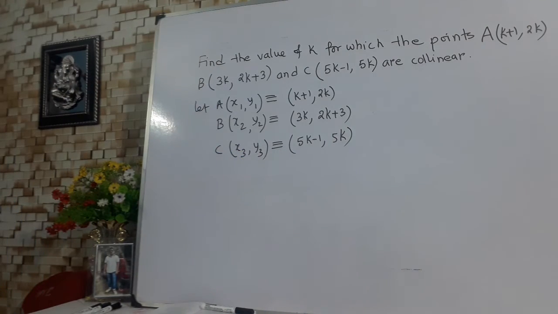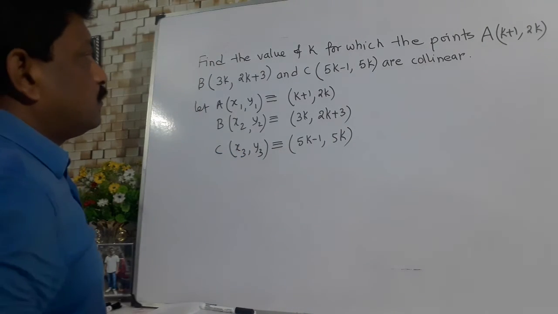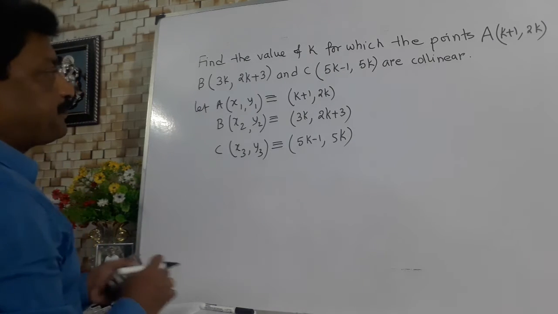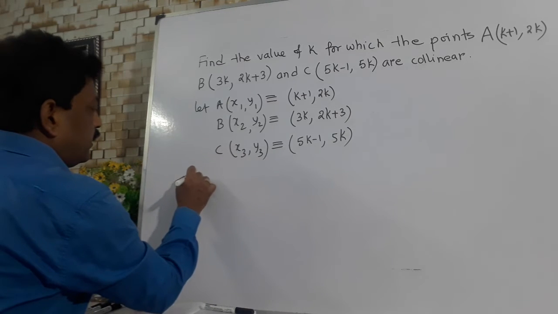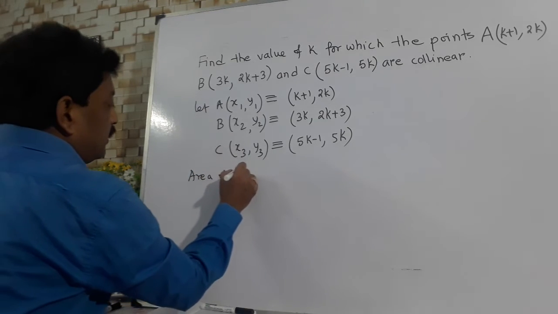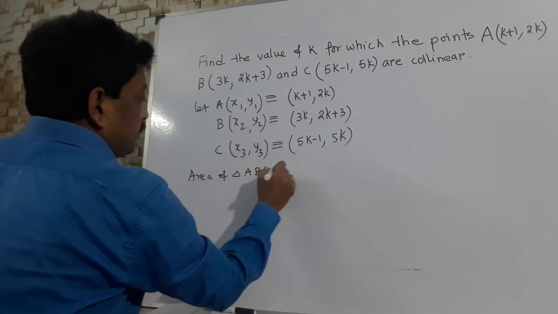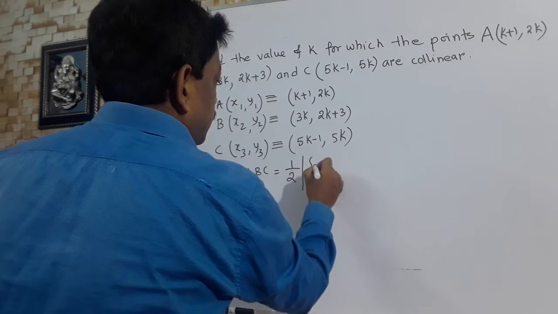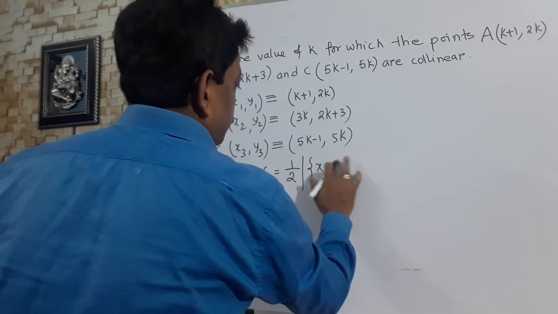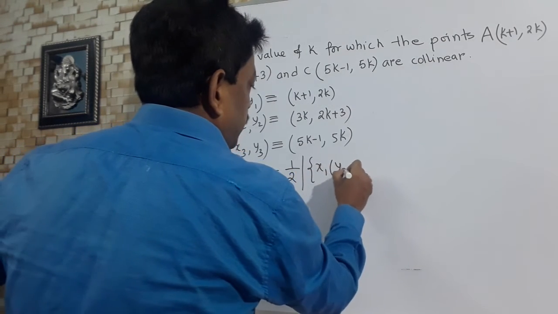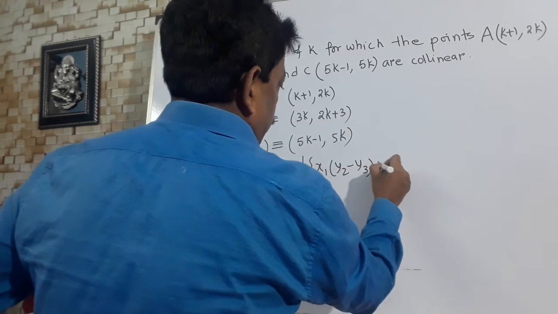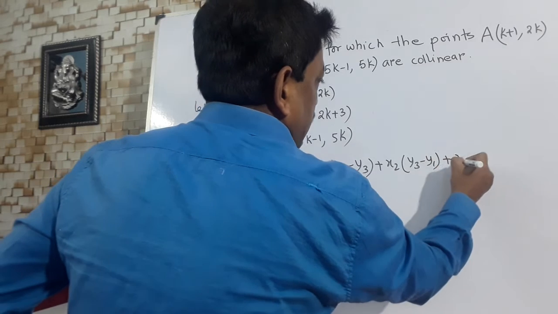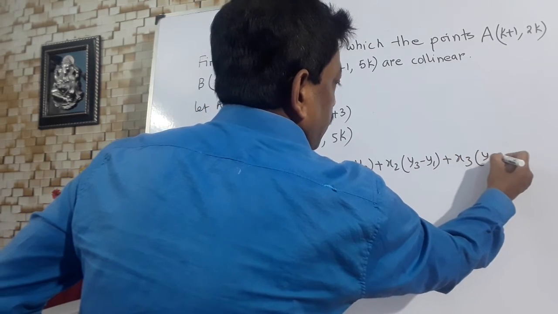So these are the points. Now let me use the formula for the area of triangle. Area of triangle ABC equals half modulus x1 (y2 minus y3) plus x2 (y3 minus y1) plus x3 (y1 minus y2).